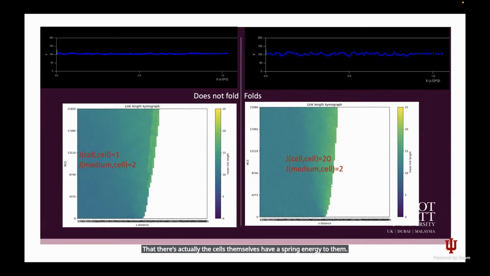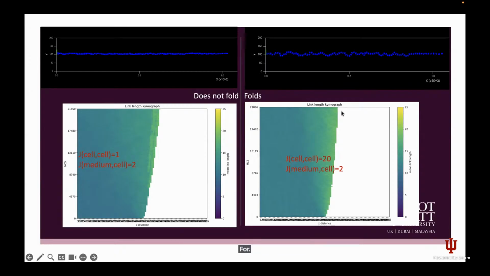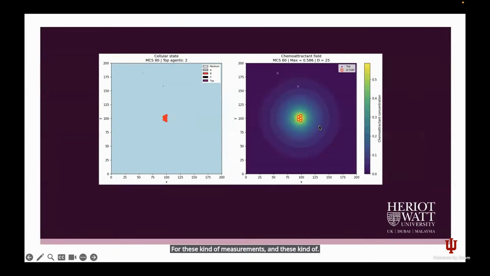So the simulation doesn't start in a neutral, relaxed state, because of the cell target volume and how the cells push away from each other. We want the system to be relaxed for these kinds of measurements and observations.